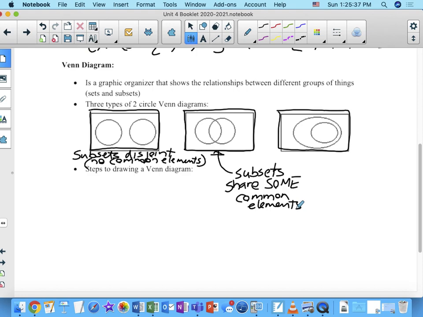Okay, meaning that all of the elements in the inner circle are also in the other subset. Okay, so the inside subset is a subset itself of the outside one.